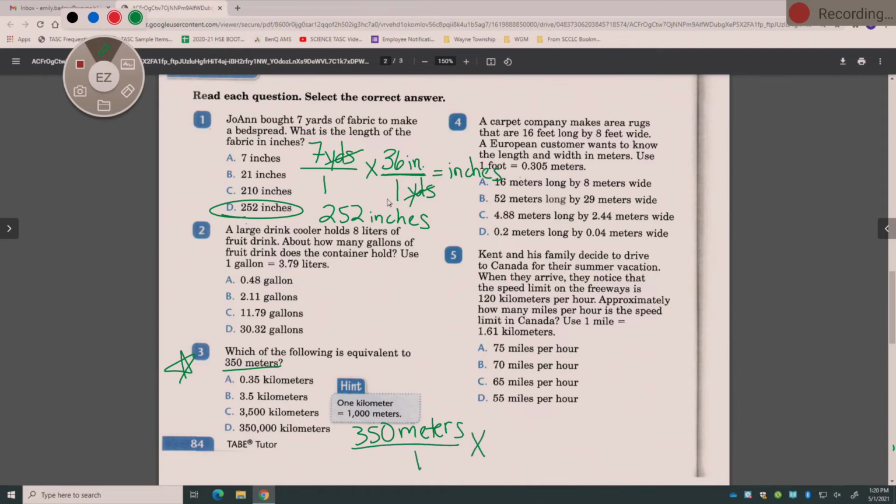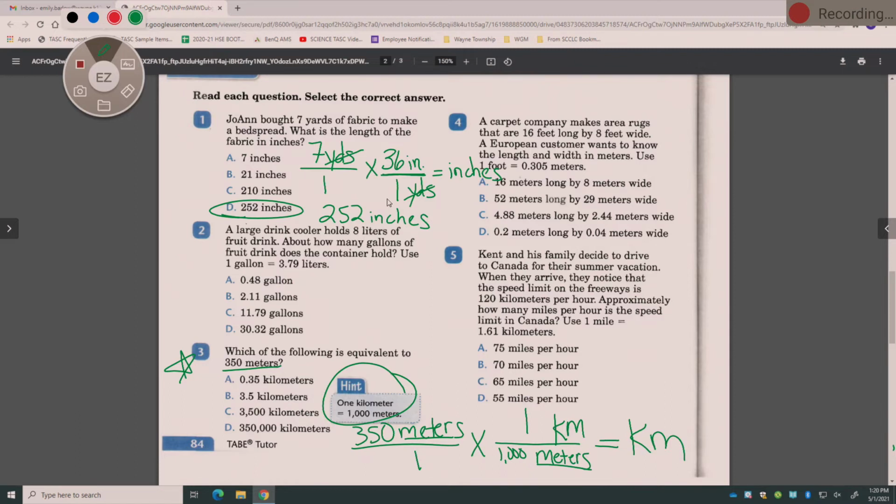But I know I want to end with kilometers, right? So this next fraction, my meters, needs to be in the denominator so that the meters are across from each other and can cancel out. And my kilometers go up top. And my hint tells me that 1 kilometer equals 1,000 meters.